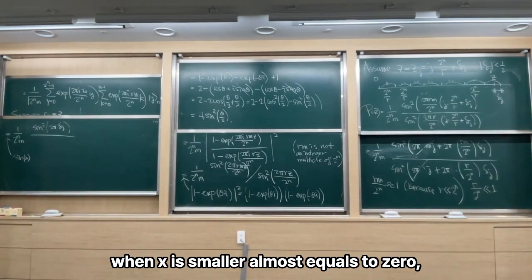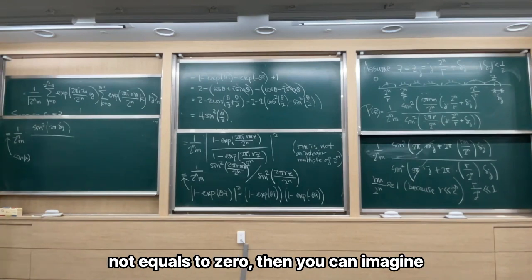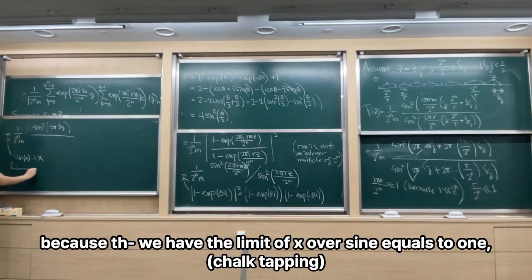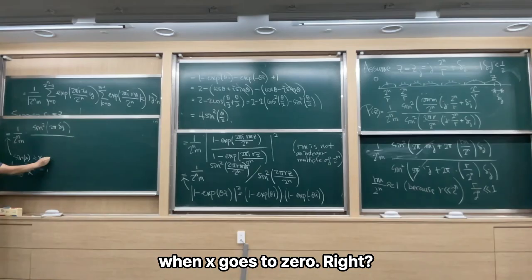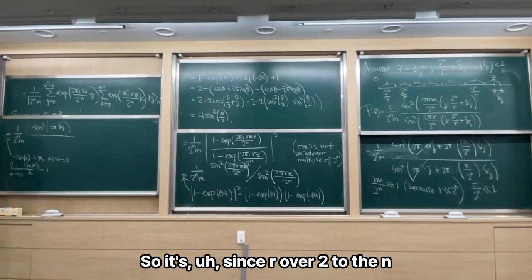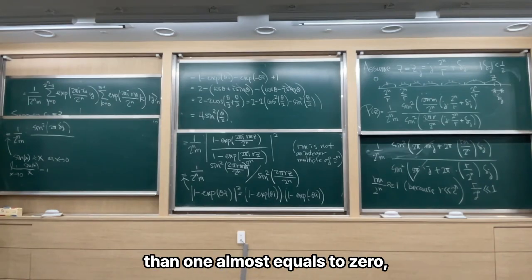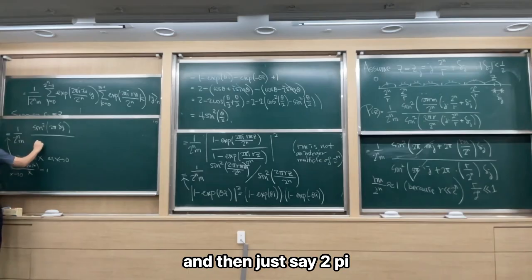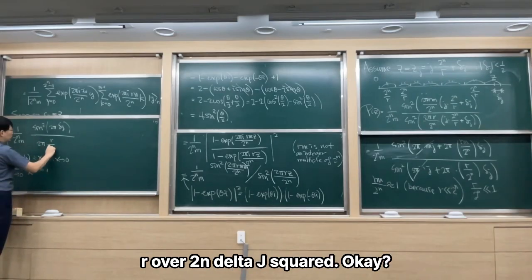When x is small, almost equal to 0, not equal to 0, then you can imagine that x is almost the same as sine x, because we have the limit of x over sine x equals 1 when x goes to 0, right? So that's what happens in the denominator. Since r over 2^n is really smaller than 1, almost equal to 0, we can just ignore the sine part and then just say 2π r over 2^n delta_j, squared.